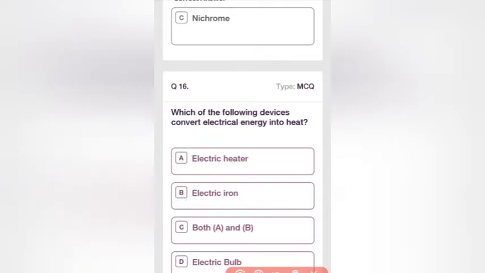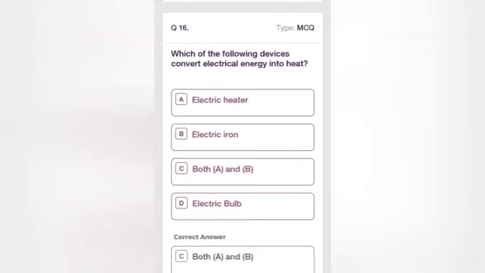So both A and B will be the correct answer. It is not electric bulb. Electric bulb, what do we do with the heat that is produced with the electric bulb? Even electric bulb will get converted to heat, but along with that it gives light. Clear?